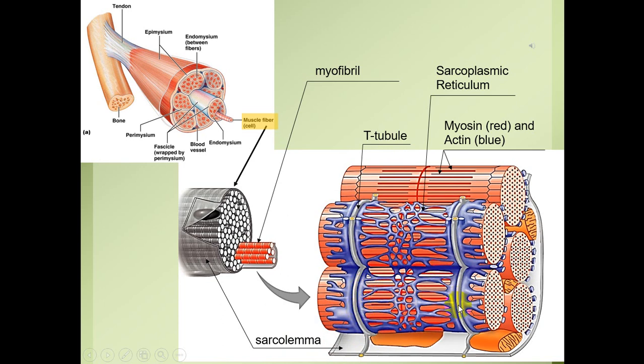So when the nerve impulse is passed from the surface sarcolemma to the T-tubule, it activates these large cisterns to release the stored calcium out of the sarcoplasmic reticulum into the cytoplasm, and then the myosin and actin proteins start the sliding filament mechanism.